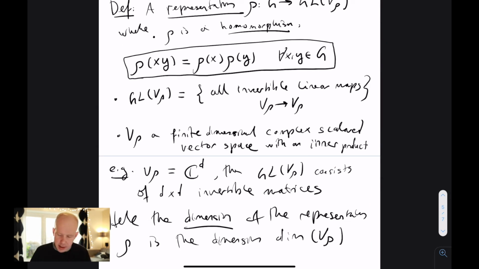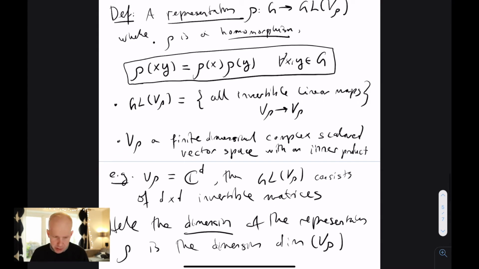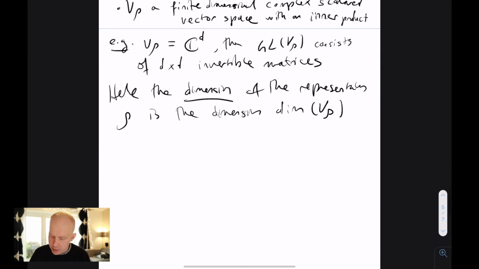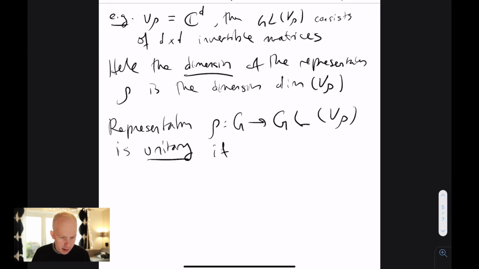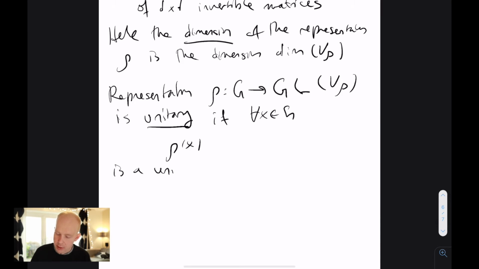Now the next thing is that we want to restrict to a certain class of representations to do the Fourier analysis, called unitary representations. The representation rho from G to GL(V_rho) is unitary if for any x in G, rho(x) is a unitary matrix or unitary map.